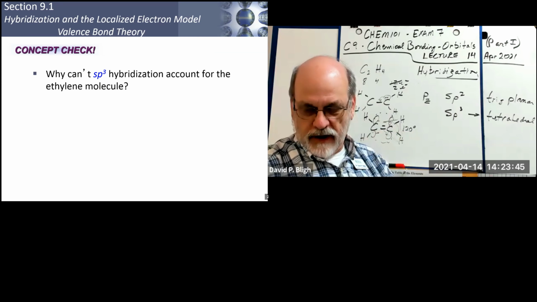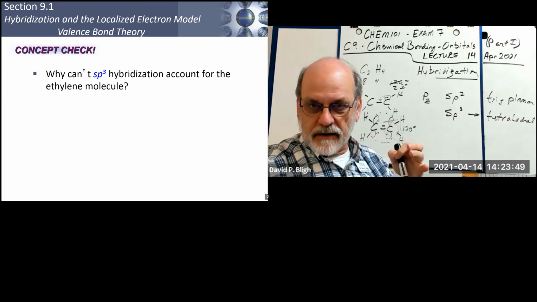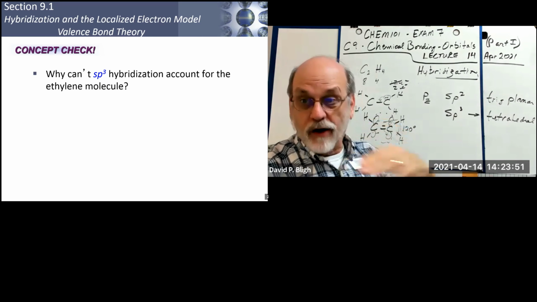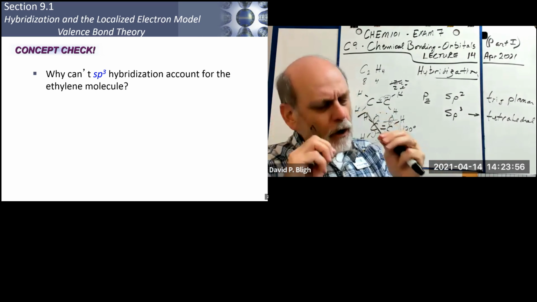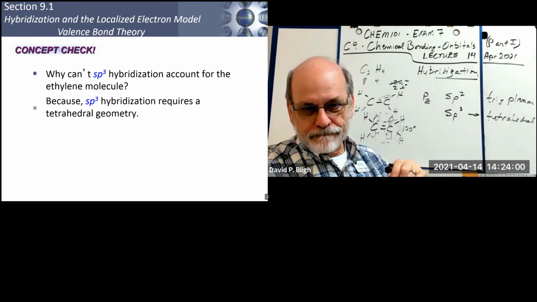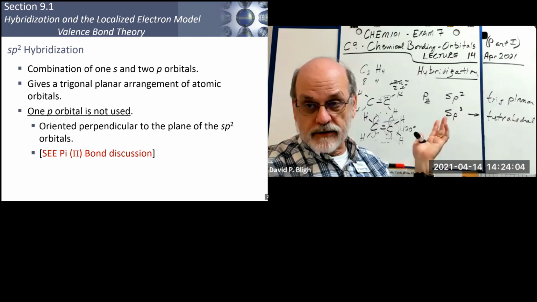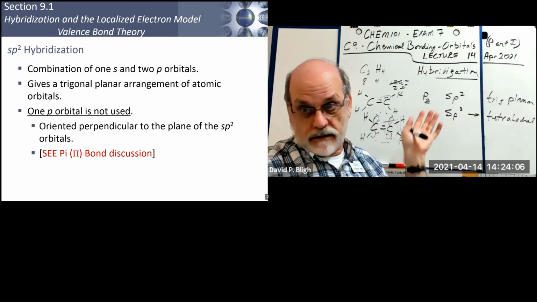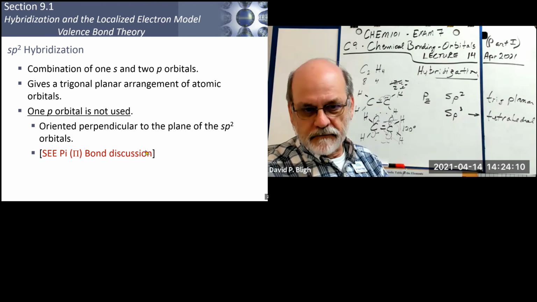We have to abide by the ground rules for the localized electron model. Right? sp3 would give us tetrahedral geometry, and it just won't work. So sp2 hybridization has to work.